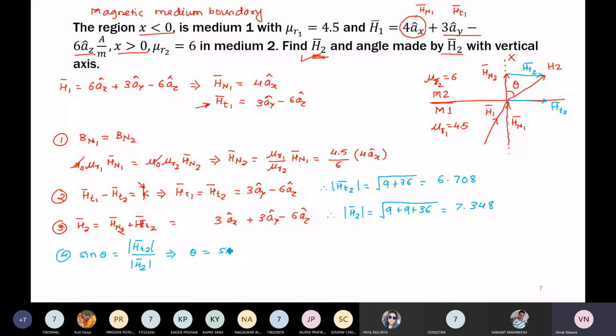Therefore theta is equal to sine inverse of 6.708 divided by 7.348. This gives us theta equal to 65.909 degrees. Tada! We are done with the numerical, the angle made by H2 with the vertical axis.